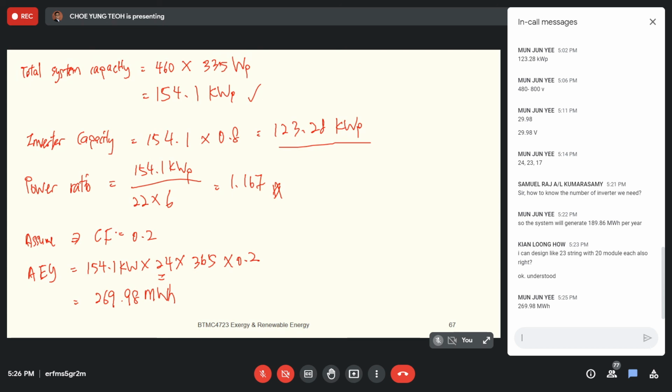Okay, that one we consider the efficiency. But in this case, you see our calculation, we don't consider efficiency anymore. We just see how much is different from the standard test condition. You can see that 154 means that at standard test condition we can get this. But now we are not at standard test condition, so we add in the loss factor. I think the approach is different, but you should get a similar answer.